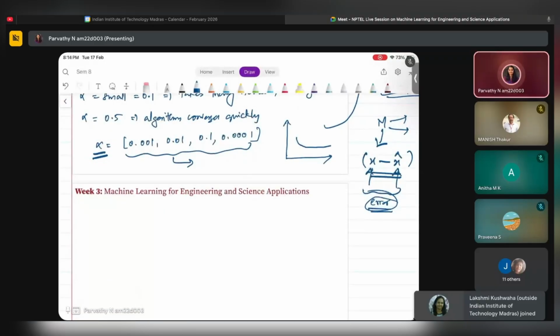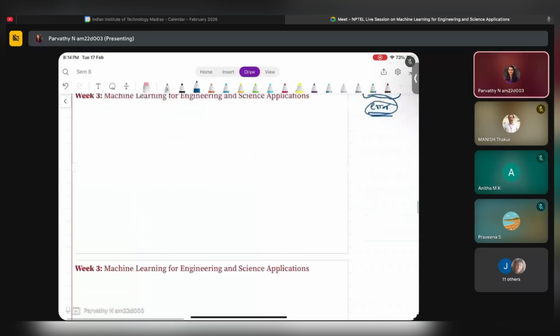Then the last topic was stopping criteria.